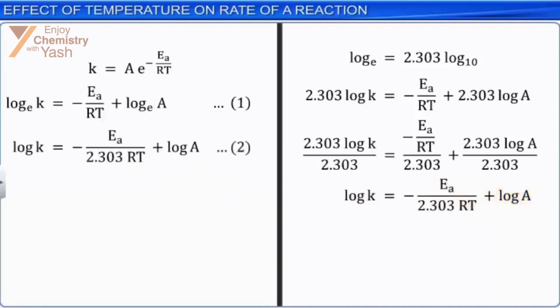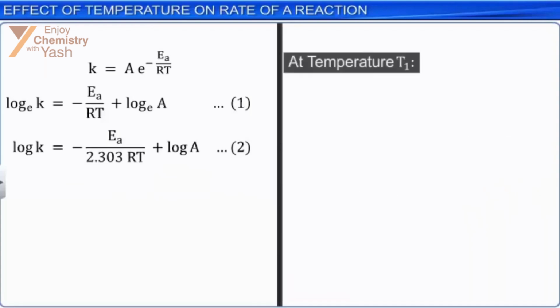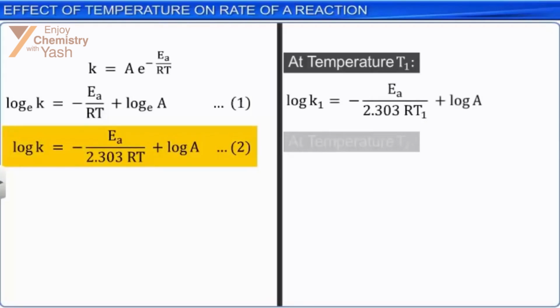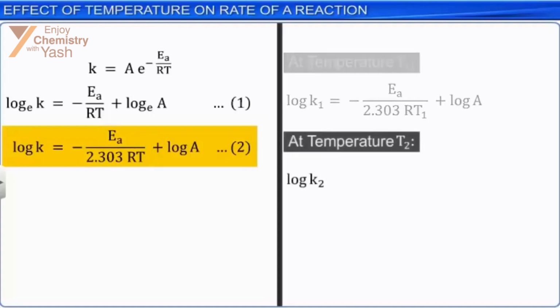At temperature T1 and T2, equation 2 becomes log K1 is equal to minus EA divided by 2.303 RT1 plus log A, and we get log K2 is equal to minus EA divided by 2.303 RT2 plus log A. Let these equations be 2A and 2B respectively.